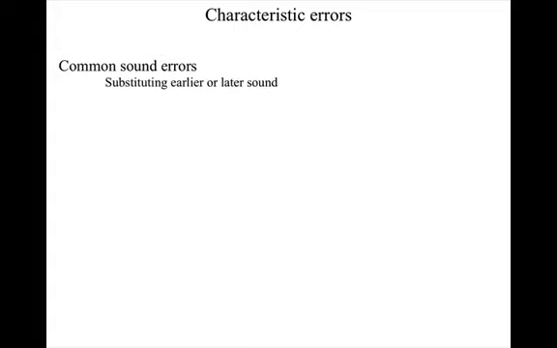A relatively common error is using an incorrect sound within a word, often a sound used in a different word spoken just before or after the error. For example, someone might be trying to say cup of coffee, but the k sound in the word cup is carried over but rapidly corrected.